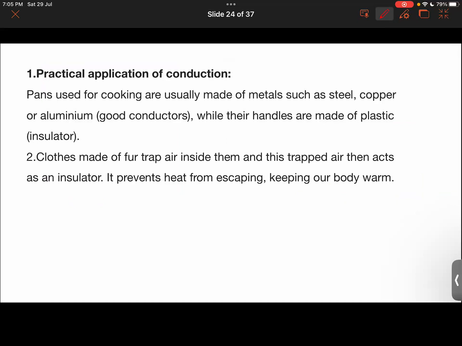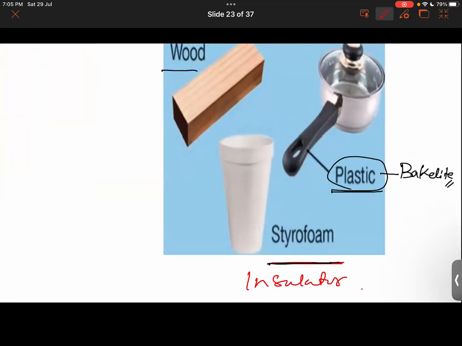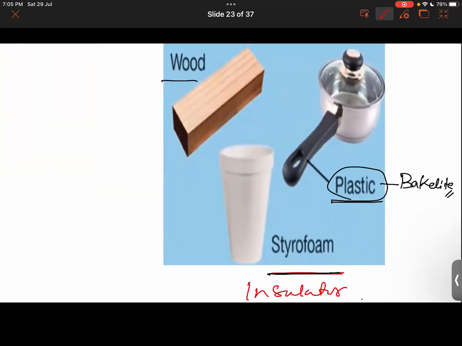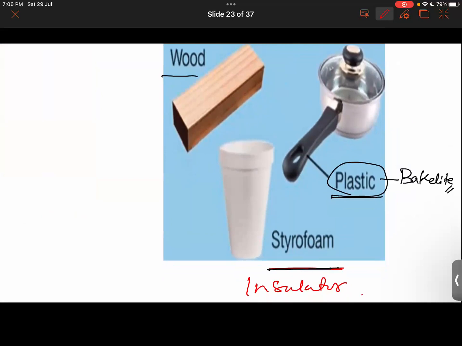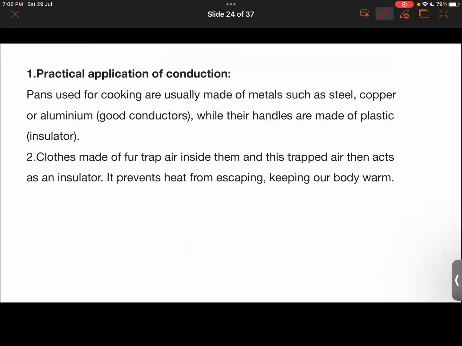Now let's have a look at some practical applications of conduction. As you saw here, the handle of this pan is made of plastic. Why? Because plastics are bad conductors of heat, and in fact, plastics are bad conductors of electricity as well.